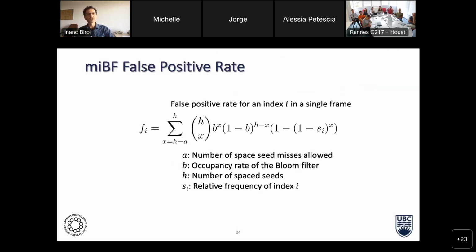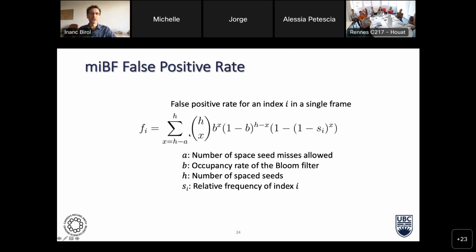All right. So if we allow for a mismatch, a missed spaced seed in queries, the false positive rate of a MyBF database is going to be represented by this equation.